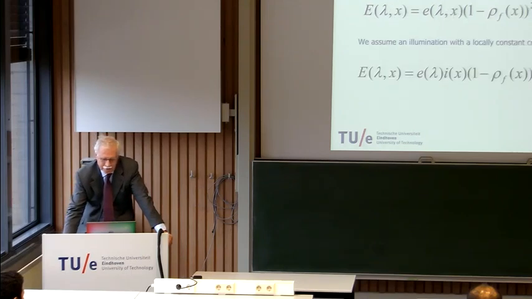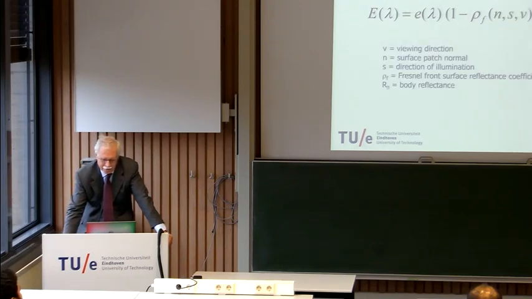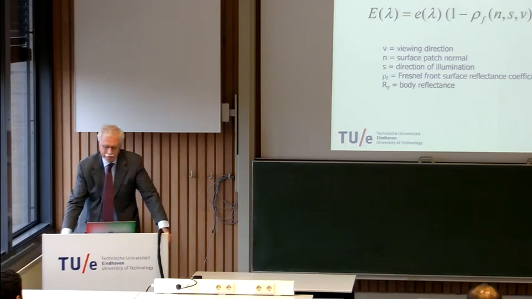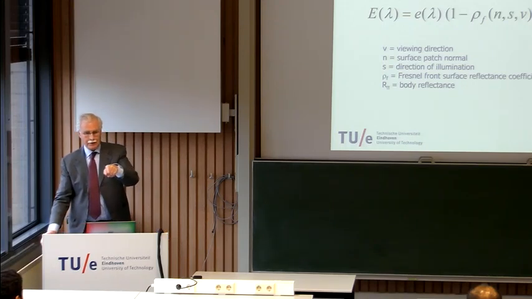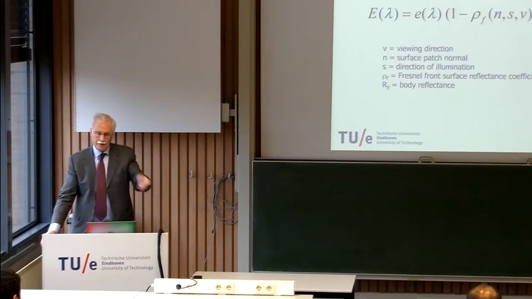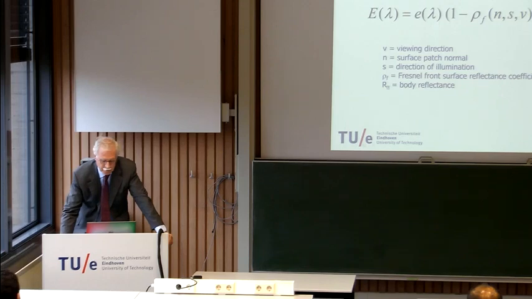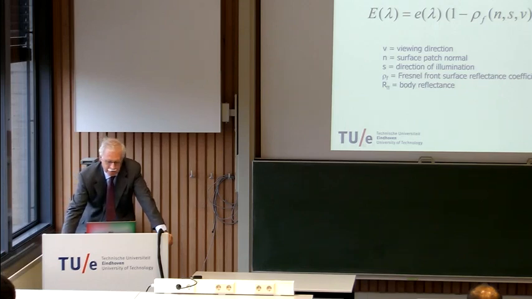And this is the body reflection measured as a function of wavelength. So that means how much of the wavelength is reflected by, let's say, a red surface. Well, red goes through, but green, the opposite color, is inhibited. So you have the geometry and you have the reflection here.